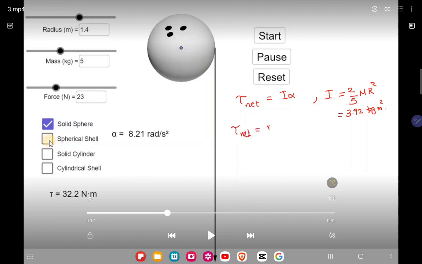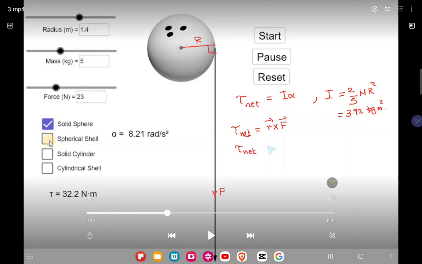Now the net torque is equal to R cross F. F is the tension, and the radius is R. The angle between the tension, or the force in this case, and the radius is equal to 90 degrees.